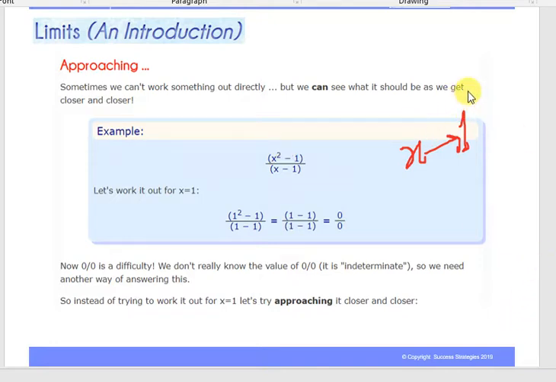The concept of limit says that if x is approaching 1, what will be the value of this function? It's very easy to work out. Whenever we are given a question asking which limit we have to find, in this case let us take x tending towards 1. If we put the value here, we can easily see that it is coming 0 by 0.